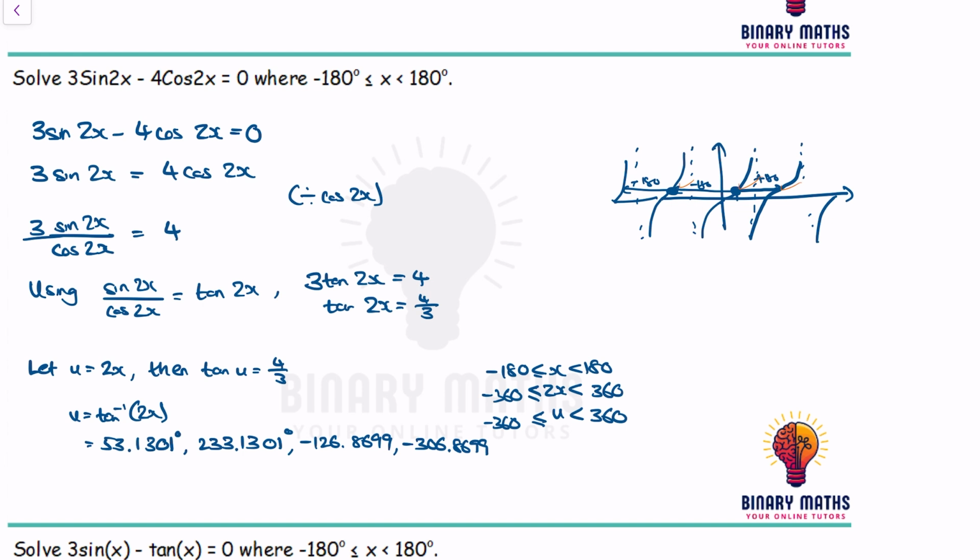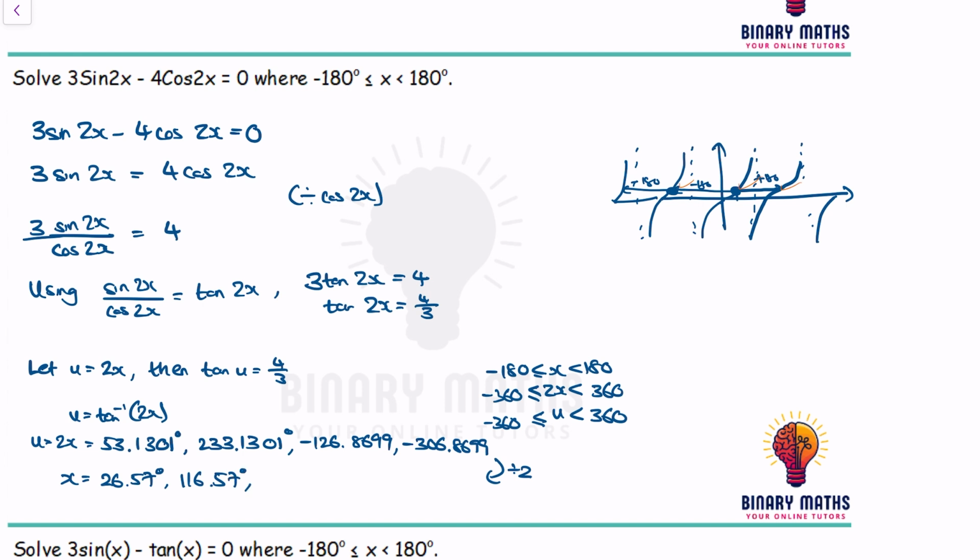So that was u, which is equal to 2x. So if I need to find x, I just need to divide by 2. If I divide everything by 2 and then round it to 2 decimal places, I get 53.1301 divided by 2 gives me 26.57 degrees. 233.1301 divided by 2 is 116.57 degrees.